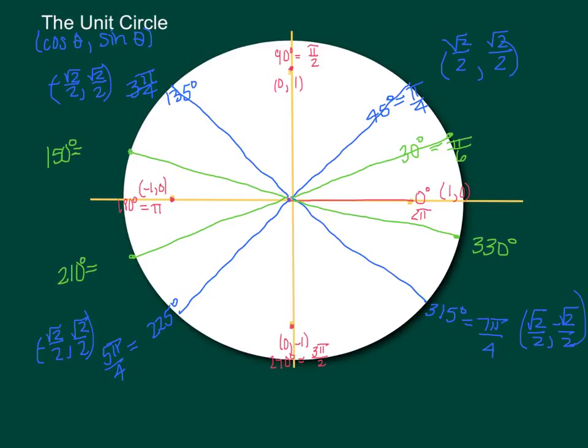Now with the radians, this is 5 pi over 6. This is 7 pi over 6.